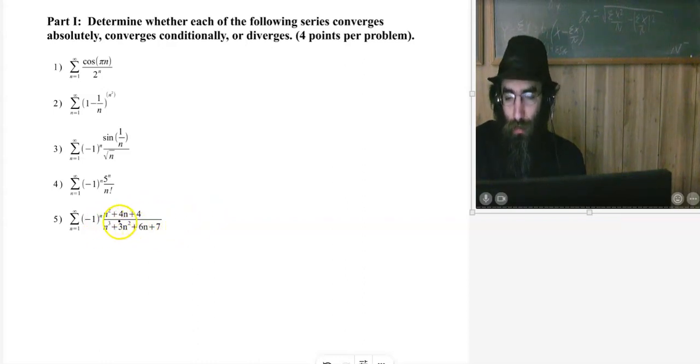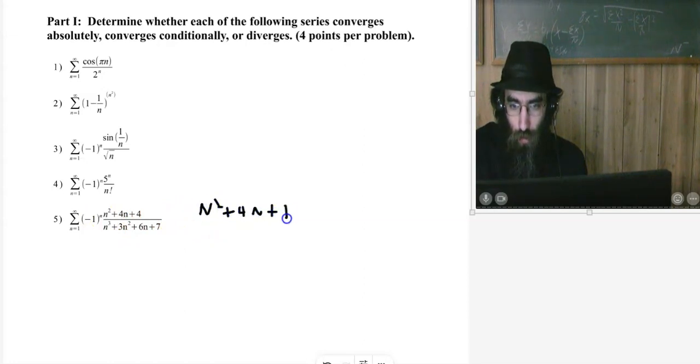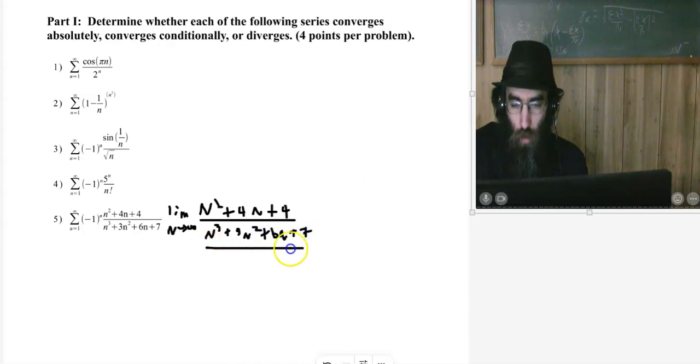So in that limit, you compare it to 1 over n, right? Limit as n goes to infinity, n squared plus 4n plus 4 over n cubed plus 3n squared plus 6n plus 7 over 1 over n.